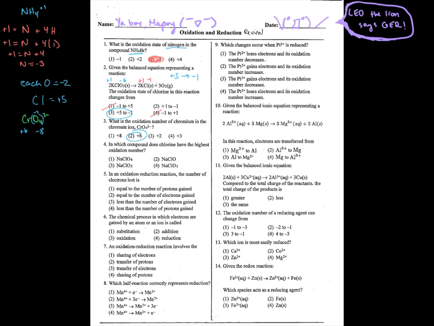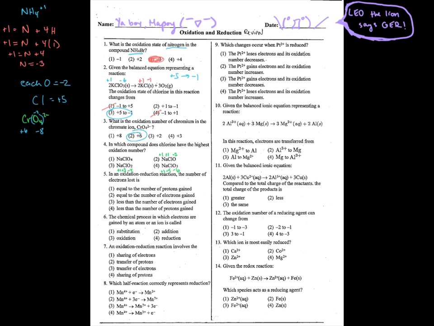Okay, so we're looking for the highest oxidation number of chlorine. Know that oxygen will always be -2, and sodium would be +1. So to balance that out, this chlorine has to be +1. In this case, this is going to be a -6 and this is a +1, so it has to be a +5. +1 minus 4, this one's a +3.